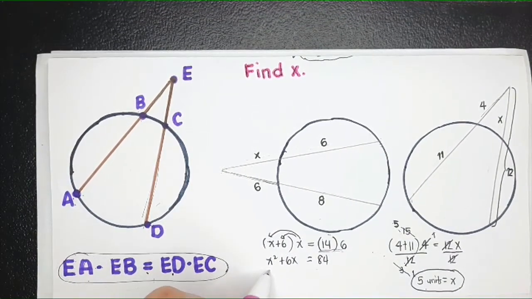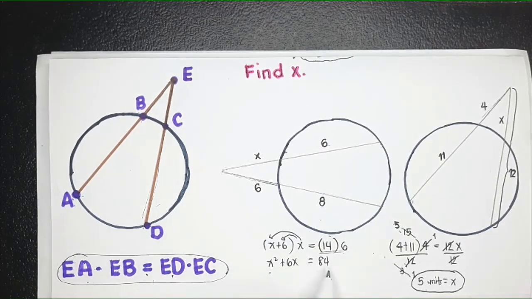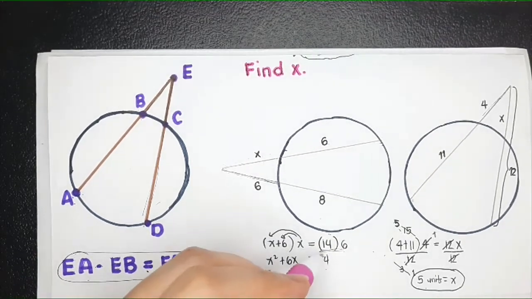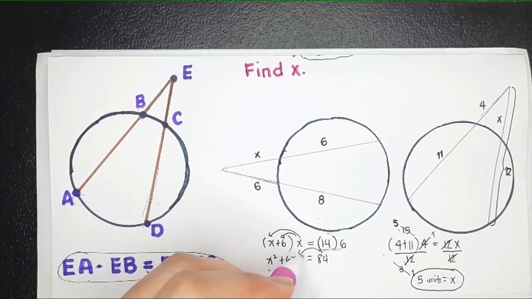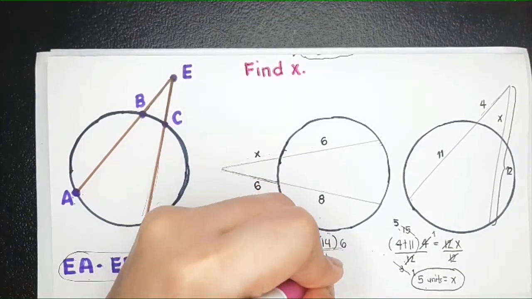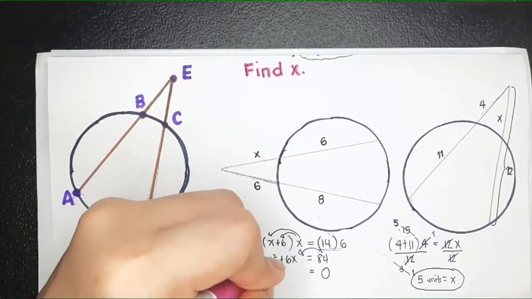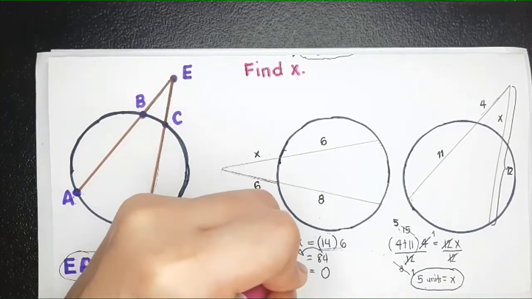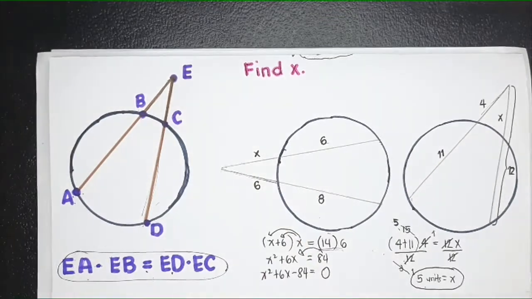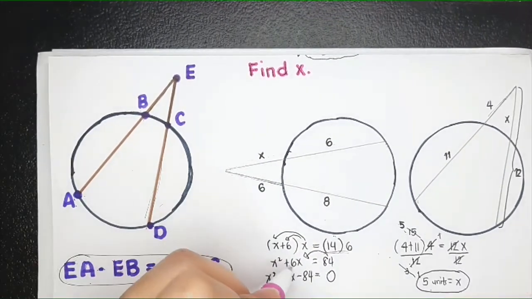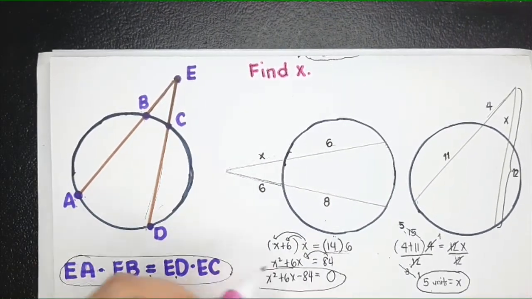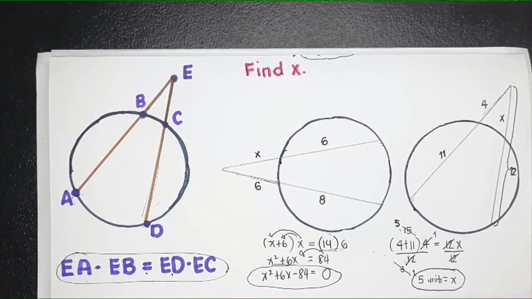So, how do you solve a quadratic equation? You make one side equal to 0. So, you transpose this to the other side para maging 0 yung isang side. So, what do we have now? X squared plus 6x minus 84. And then, what do we do next? How do we find the value or values of x?